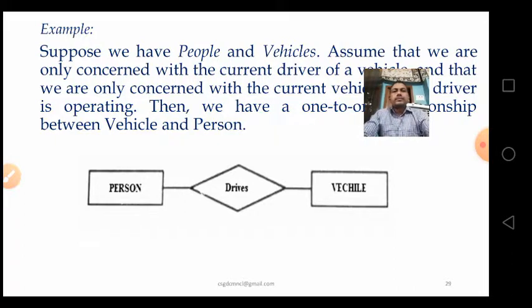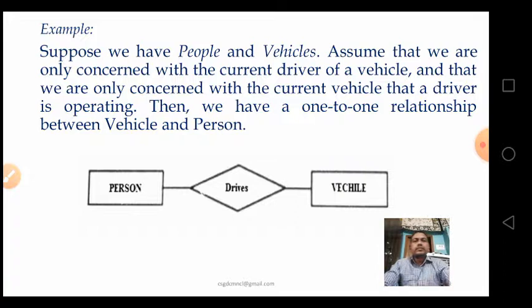Assume that we are only concerned with the current driver of a vehicle, and that we are only concerned with the current vehicle that a driver is operating. Then we have a one-to-one relationship between vehicle and person.